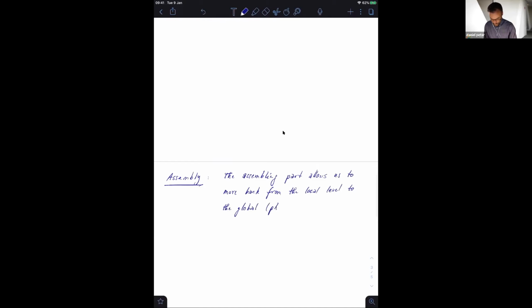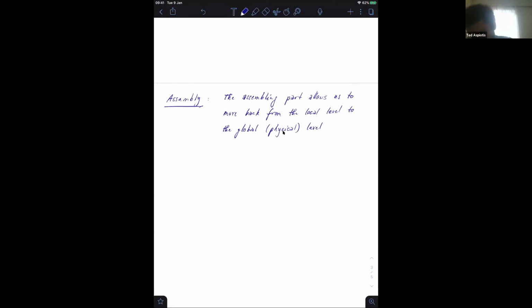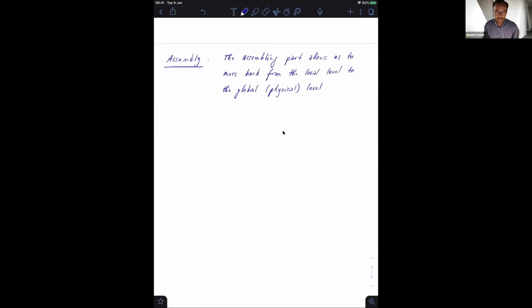Or if you want, that's the physical level. And for this assembly stage, it often is convenient to define a matrix which defines for each local element and nodal point in the reference level, what is the global reference point in the global mesh. And it's called the location matrix.